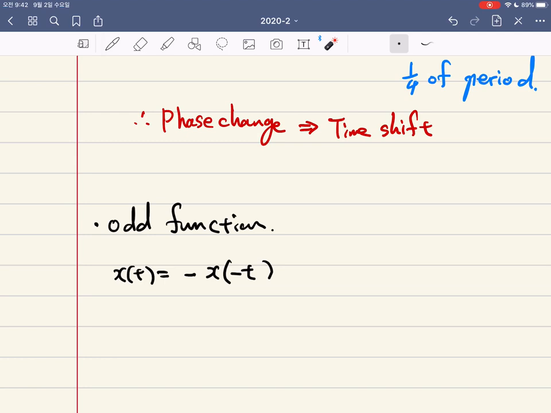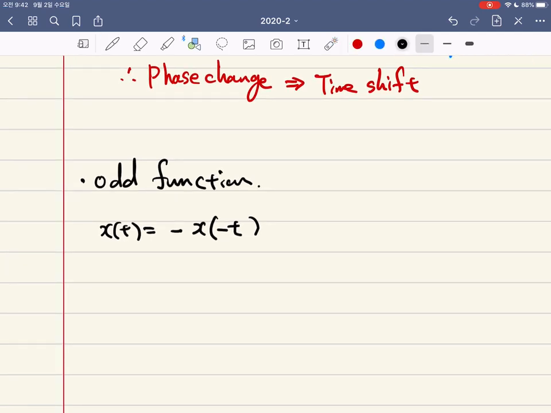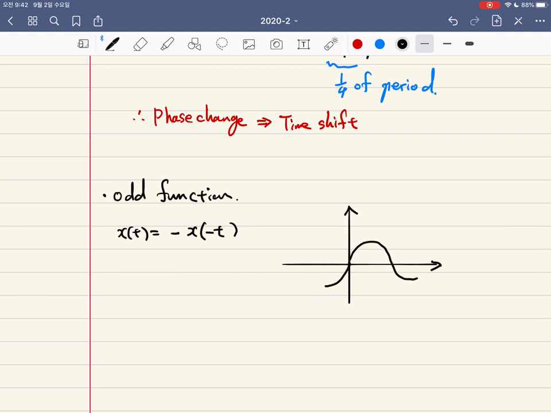The most famous odd function is the sine wave. If you look at the sine wave, do you see some symmetric property?